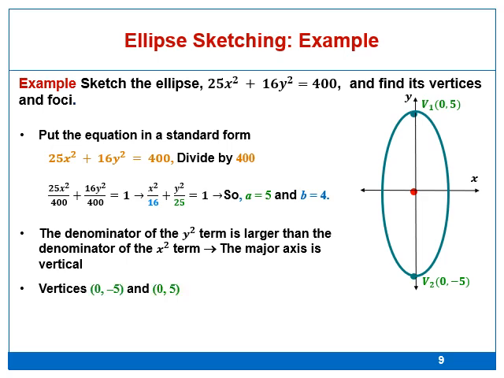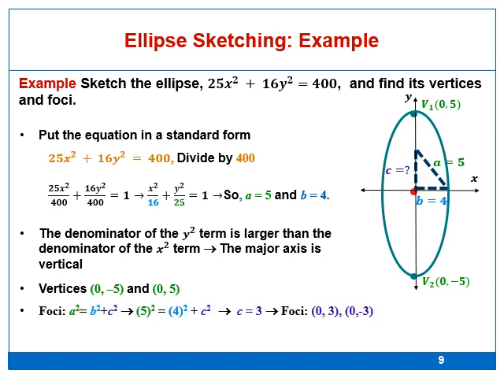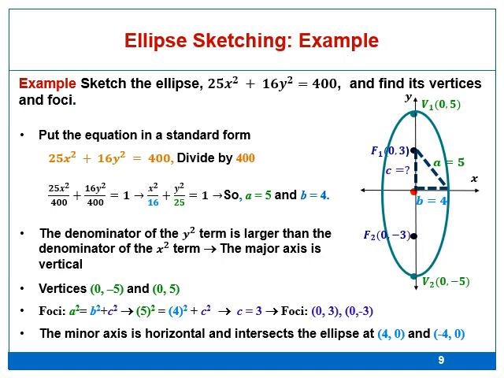To calculate C, we draw this right angle triangle where its hypotenuse joins the focus with the endpoint of the minor axis. Its base is B and C is the height. So A squared is equal to B squared plus C squared, and we substitute with the 5 and 4 in this equation to get C is equal to 3, and the two foci will be at 0 and C and 0 and negative C. They will be located at 0 and 3 and 0 and negative 3.